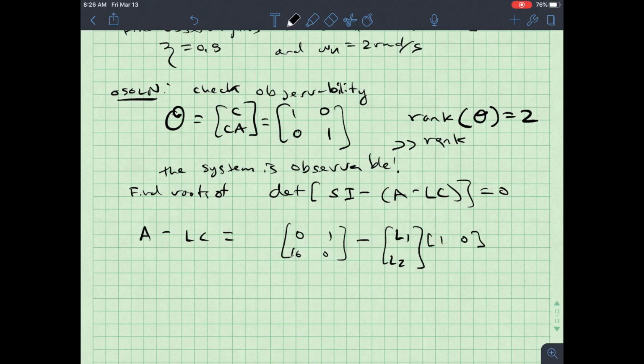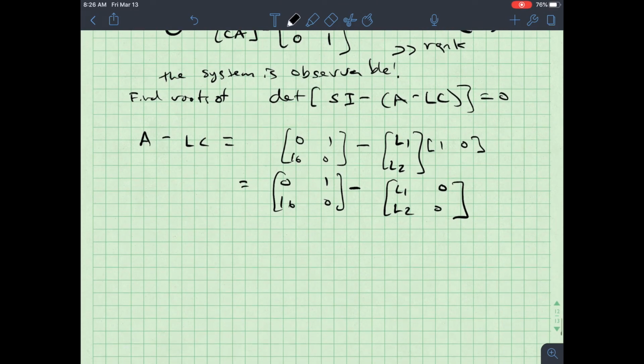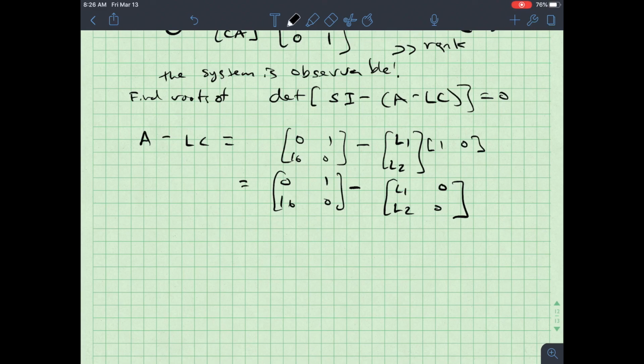And that's equal to 0, 1, 16, 0 minus L1, 0, L2, 0. So when I combine that together, I've got negative L1, 1, 16 minus L2, 0.